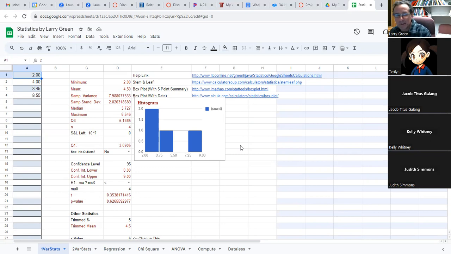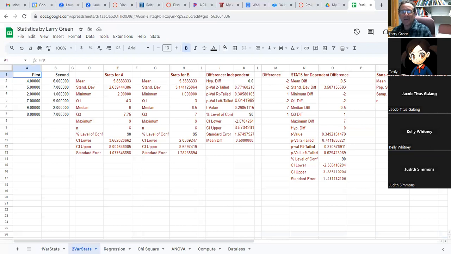You don't have to make a new copy. What you do have to do is look towards the bottom, and you'll see we're not doing 1 var stats. What are we doing now for this project? Yeah, 2 var stats. So you click 2 var stats. And now you'll see there's a first and a second. And the first thing you have to do is highlight this, hit the backspace, and that'll erase all the numbers that were there, and then put your data in.